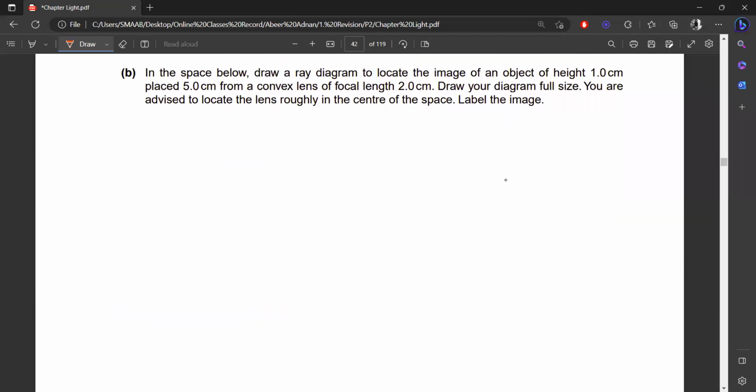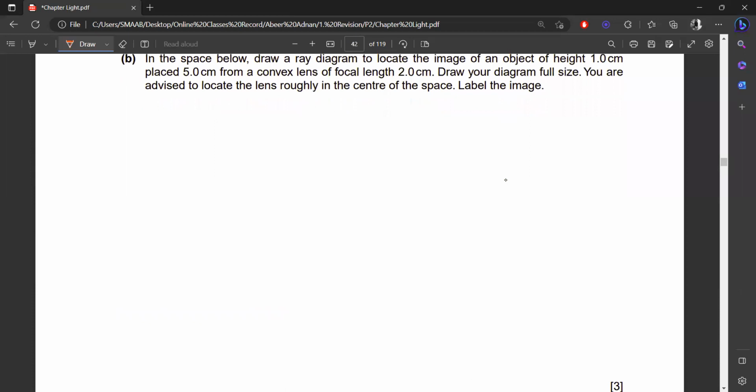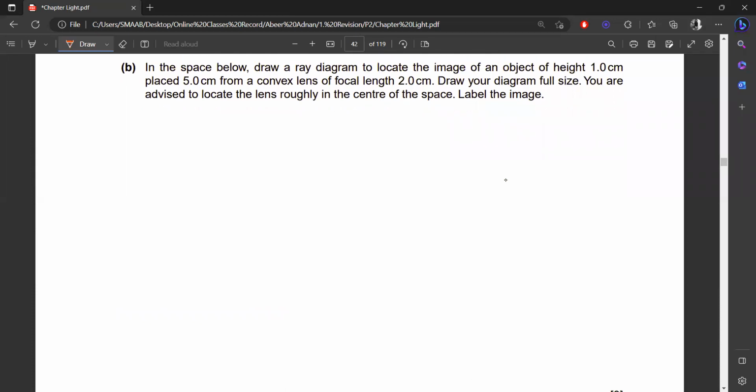And in the space below, draw a diagram to locate the image of an object of height 1 centimeter, placed 5 centimeter from a convex lens of focal length 2 centimeter. Draw your full size diagram. You are advised to locate the lens roughly in the center of the space. Label the image. So now you have to draw the image with accurate observation.